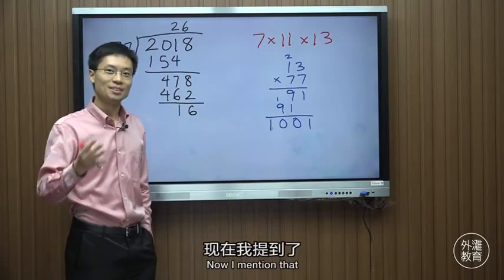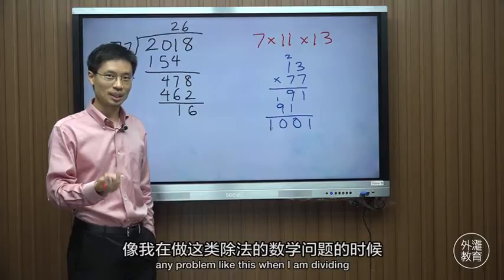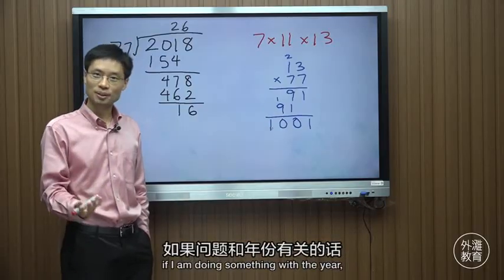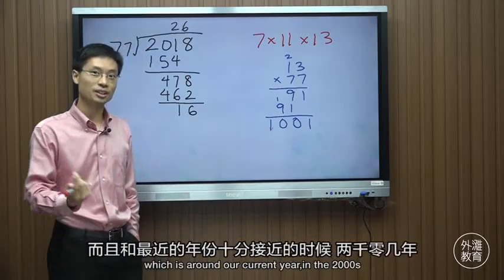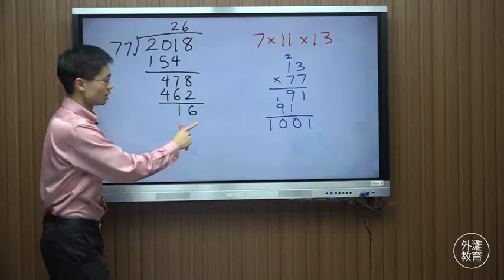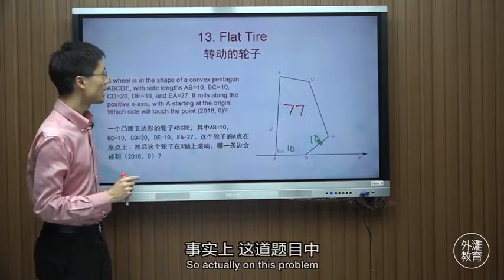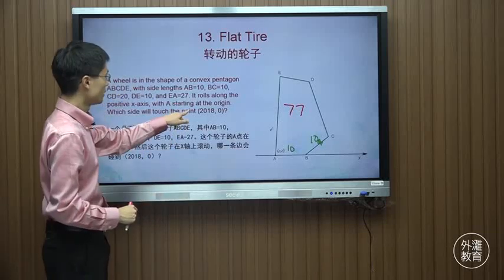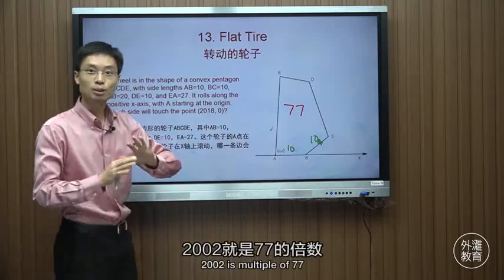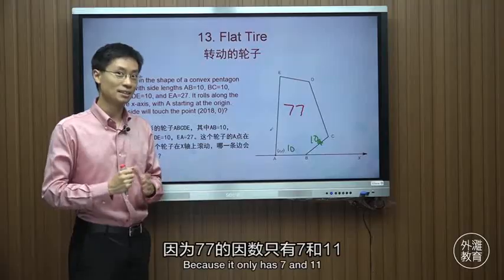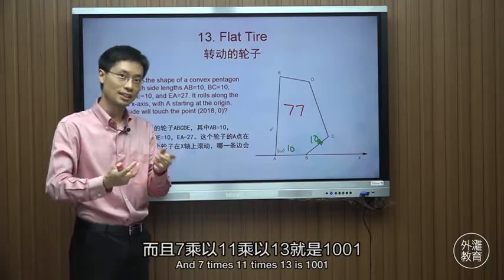Now, I mentioned that any problem like this when I'm dividing, if I'm doing something with a year, which is around our current year in the 2000s, 1001 times 2 is 2002. So actually on this problem, 2002 is a multiple of 77 because it only has a 7 and an 11.